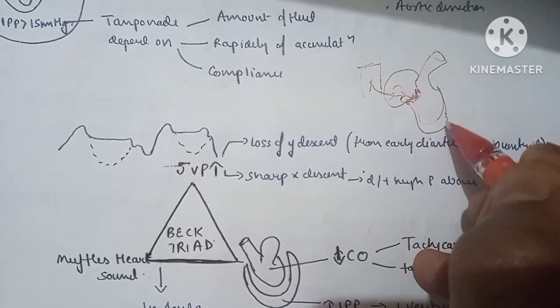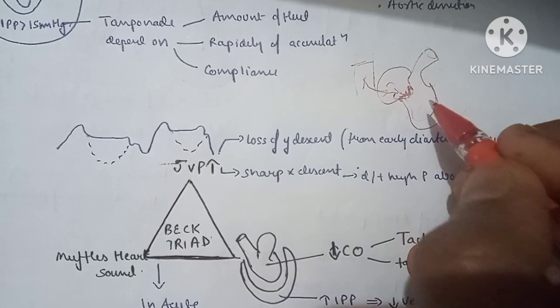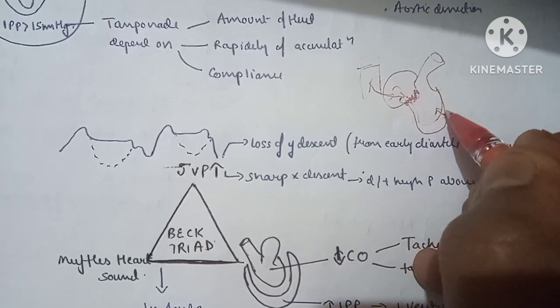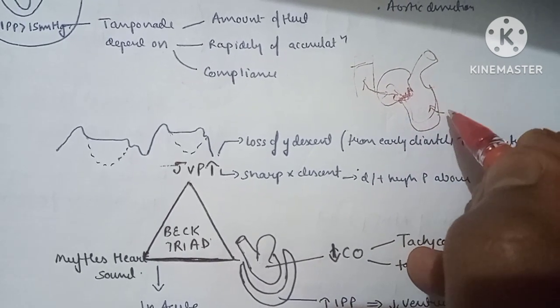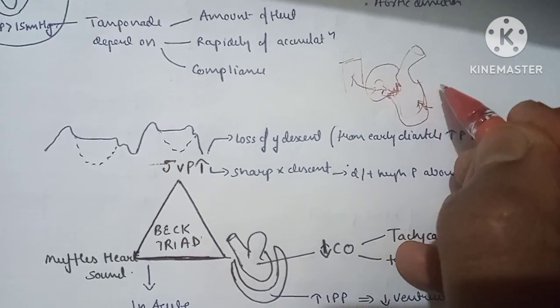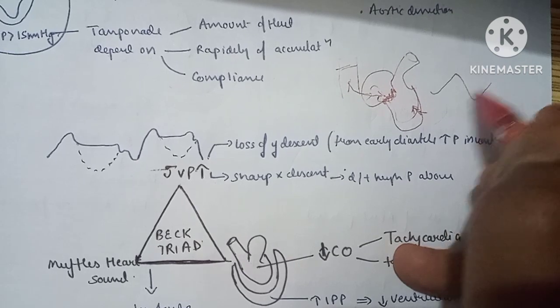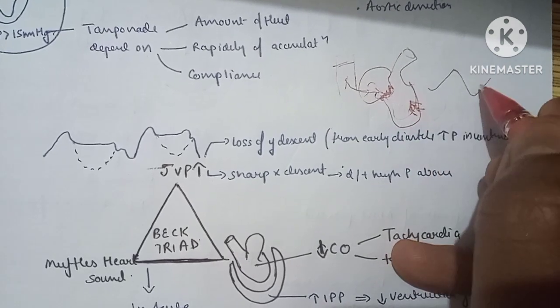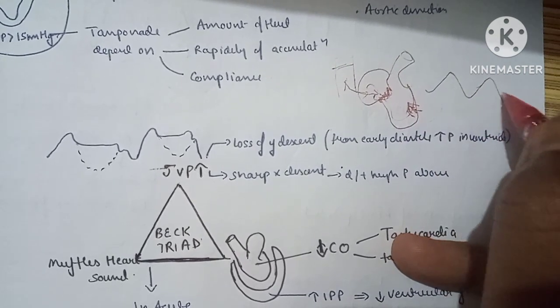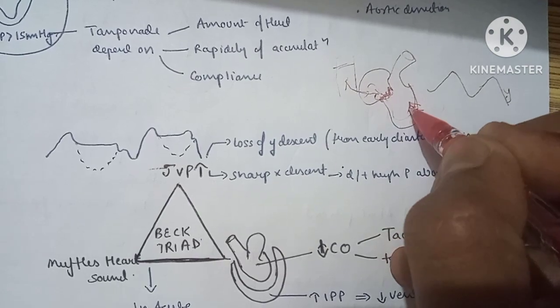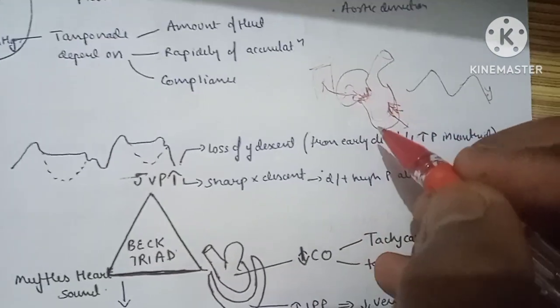And then we have the Y descent. Then we have the V wave, that occurs because of ventricular systole, and then because again of the ventricular filling, we have the Y descent. Okay, so let's understand it again.